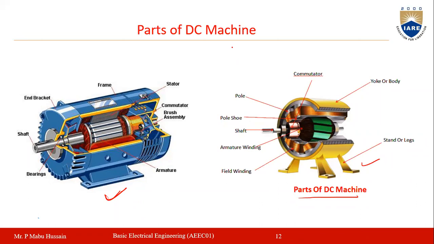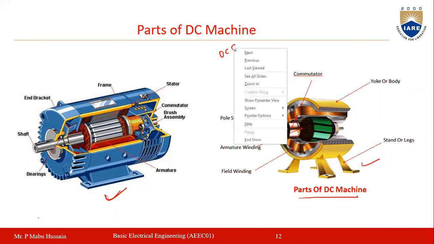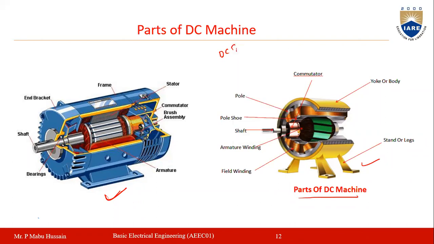As I said before, in a DC generator, EMF will be induced only when you have a conductor and you have the flux, and between these two you must have relative motion.